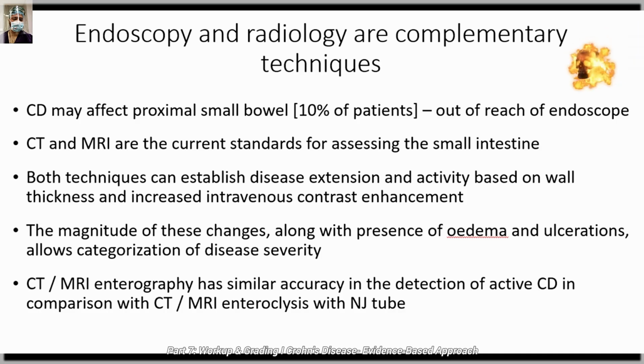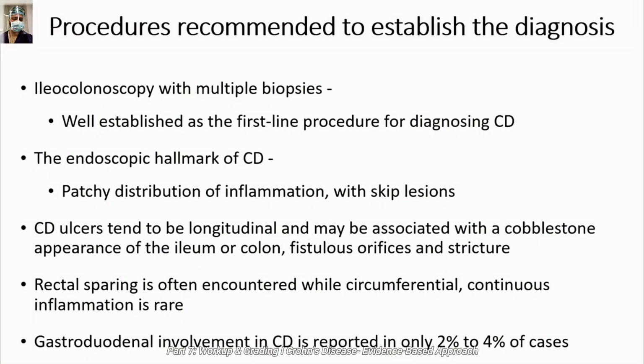In CT enterography, we give negative contrast in the form of say PEG, and in enteroclysis, along with the contrast, we inject air with the help of an endoscopically placed NG tube. It is an invasive procedure, so CT enterography is equally good and a safer technique while assessing a case of Crohn's disease and small bowel involvement.